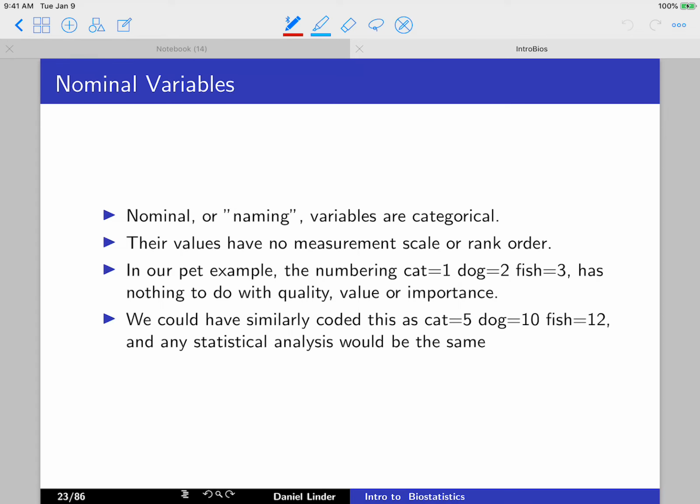In our pet example, the numbering cat equals 1, dog equals 2, fish equals 3 has nothing to do with quality, value, or importance. Similarly, we could have recoded this example as cat equals 5, dog equals 10, and fish equals 12, and the statistical analysis would be the same on this recoded data.